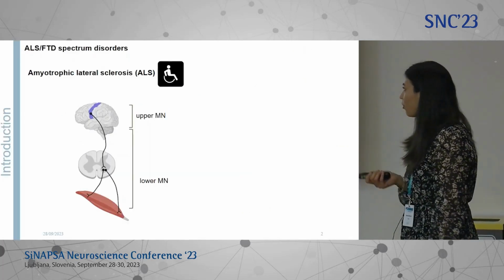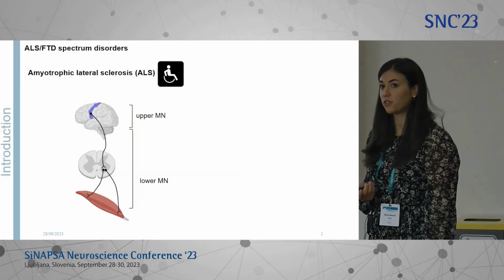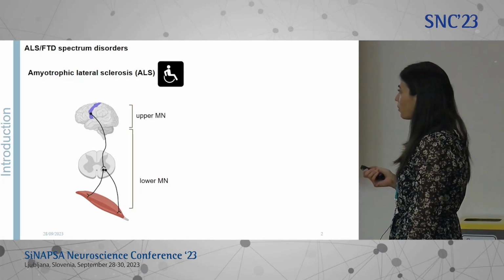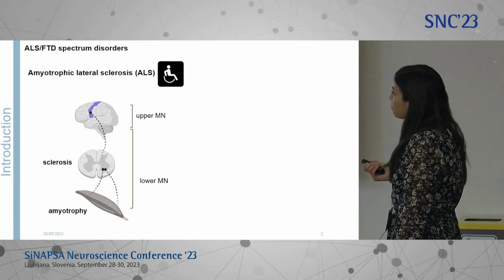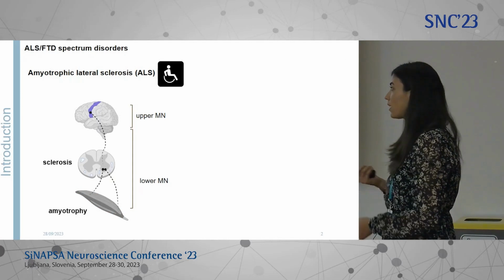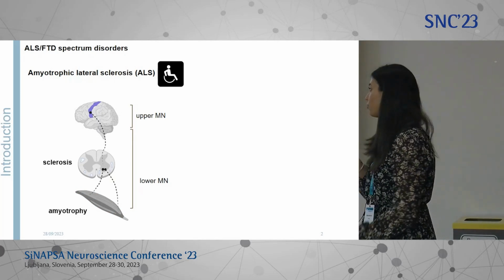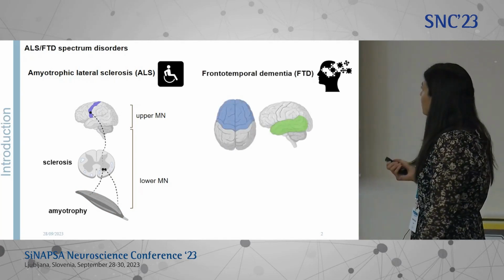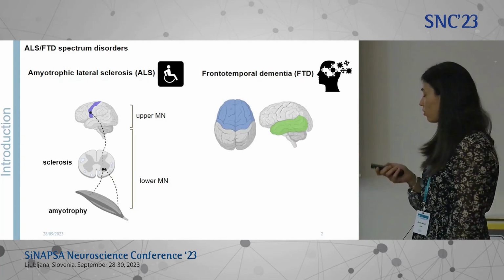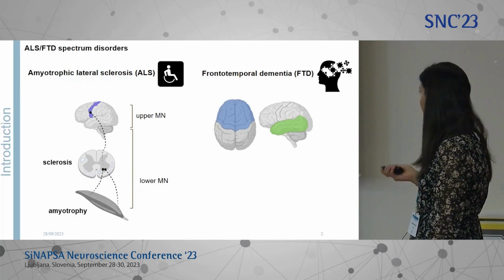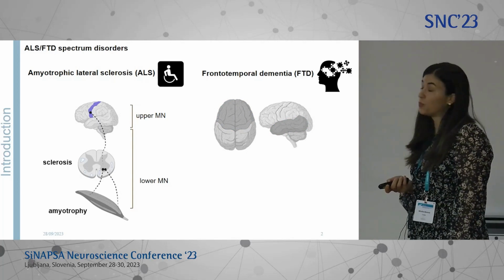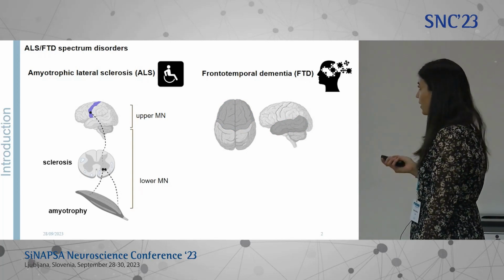So as you heard before, amyotrophic lateral sclerosis, or ALS, is a neurodegenerative disorder that affects upper and lower motor neurons. Because of the death of upper motor neurons, sclerosis of white matter leads to muscle weakness and amyotrophy. On the other hand, frontotemporal dementia, or FTD, affects neurons in the frontal and temporal cortex and leads to memory loss.